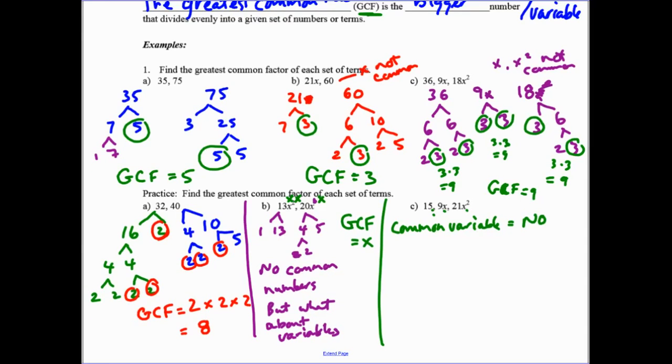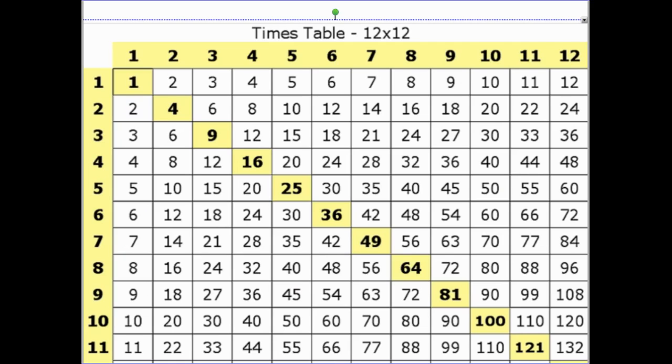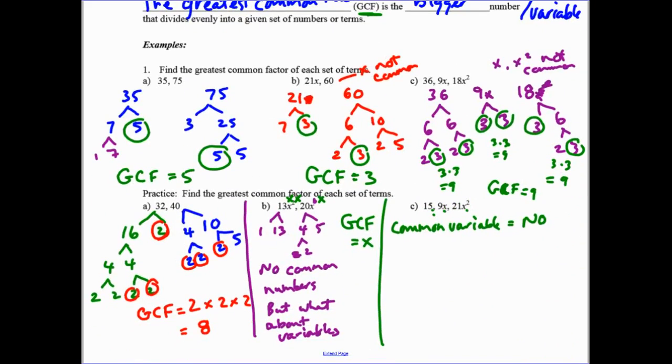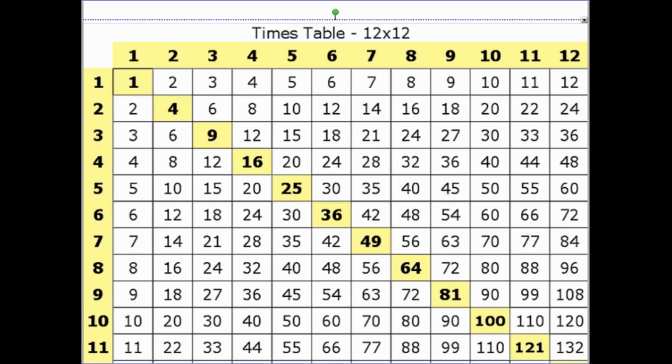Okay, so something that might help is to look at a times table. So if we can take our numbers like we had of 15, 9, and 21. Okay, can we find where 15, 9, and 21 might fit in?